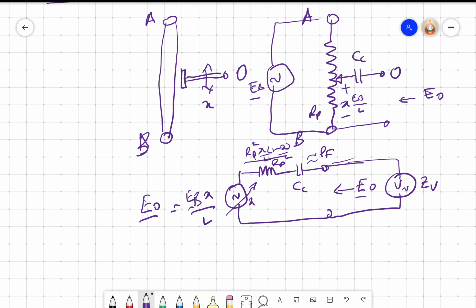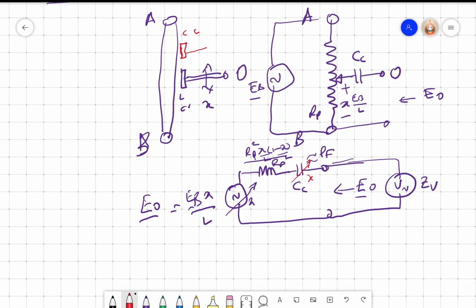Moreover, when I move here, I may get one Cc. If I move here, I will get another Cc. So the Cc will actually vary depending upon x. That's another problem. How do we handle this?